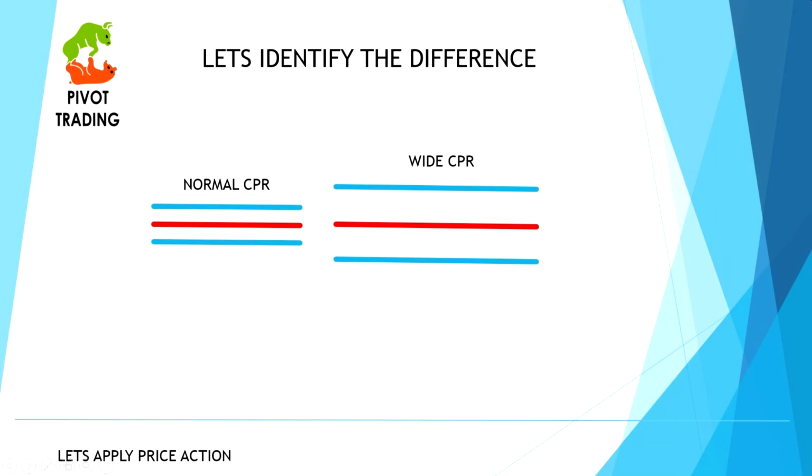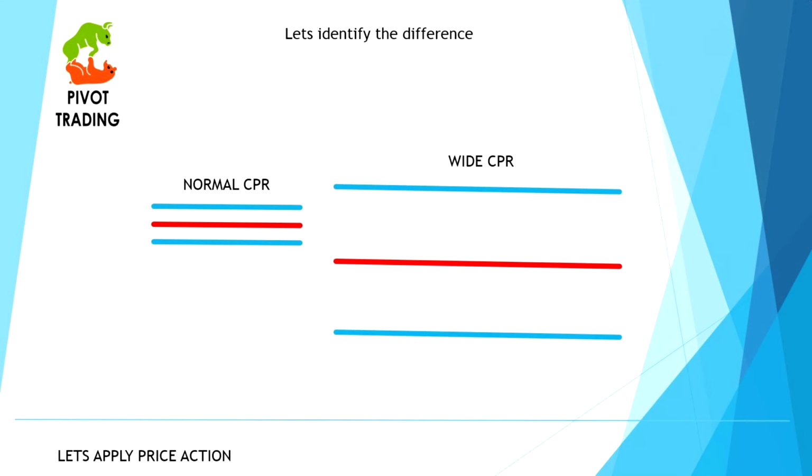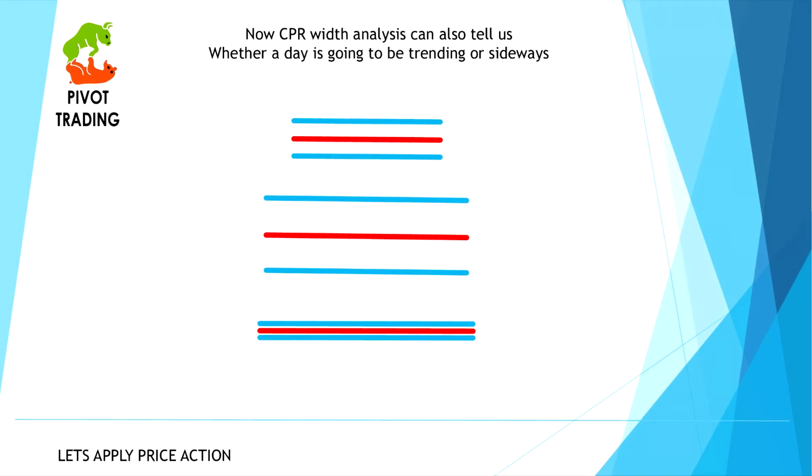On the right, we see a wide CPR. Here, the top central pivot line and the bottom central pivot line is far away from the pivot point. You may see some wide CPR have the top central and the bottom central pivot point being too far away from the pivot point. Now, let's see how to interpret this into market trend.